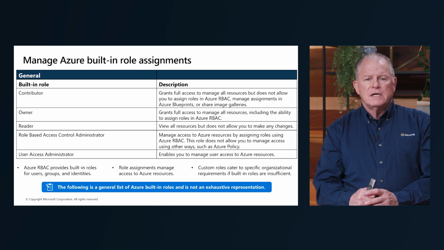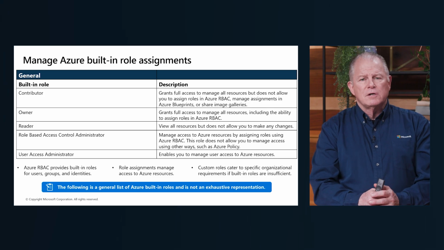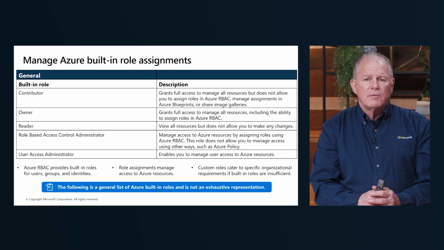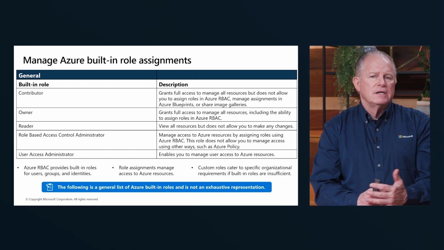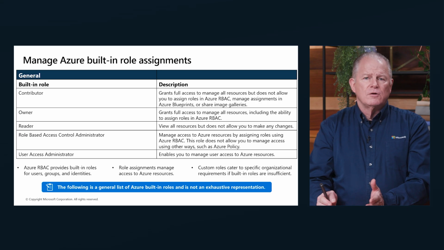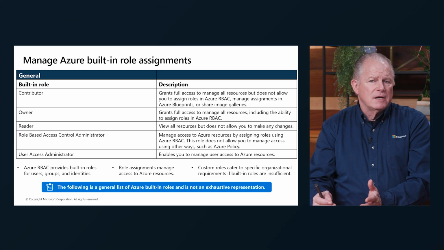Now, I've got an organization that is a very secure place, and while they say thank you very much to Microsoft for adding or removing capabilities to the roles as you add and remove capabilities from Azure, we can't have in our organization people automatically getting something. And so what they've done, they've actually copied every single one of our default built-in roles and made copies of them. They made them custom.